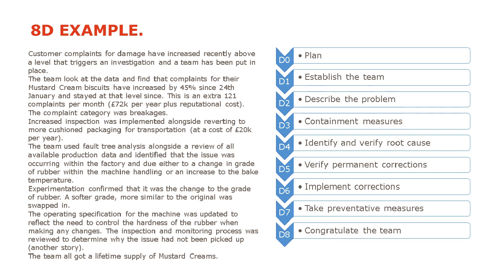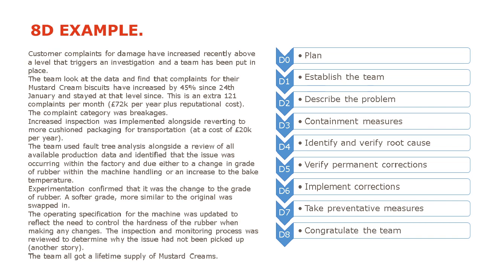We're in a biscuit manufacturing environment here, making their mustard cream biscuits, which don't sound particularly nice, but there we are. So they've increased complaints by 45%, which equates to just 121 a month, but that's quite a few for this company. It costs them £72,000 a year and reputational costs. So this is quite a big issue for this company.